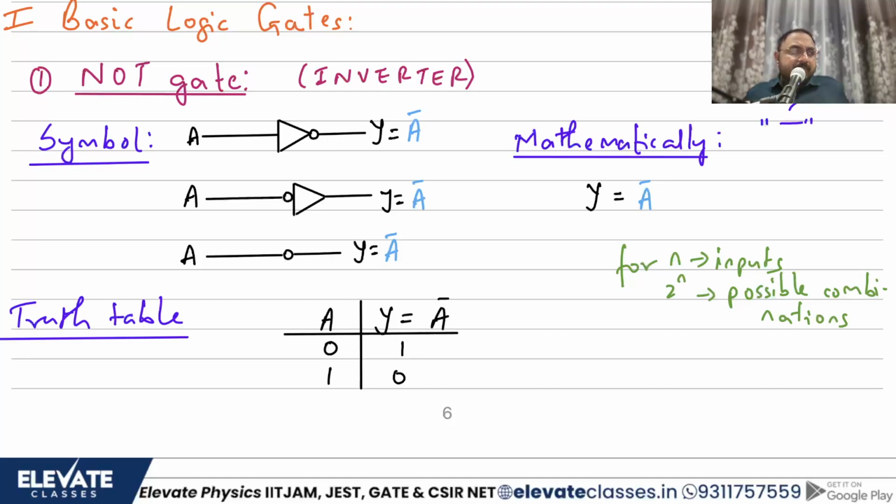Now, where do we use this NOT gate? What does it mean that you give 0, you get 1, you give 1, you get 0? The most simple example that I can give you is of a seat belt. These days, a lot of new cars come with a seat belt alarm. If you have not put the seat belt on, so the seat belt is open, the alarm is ringing.